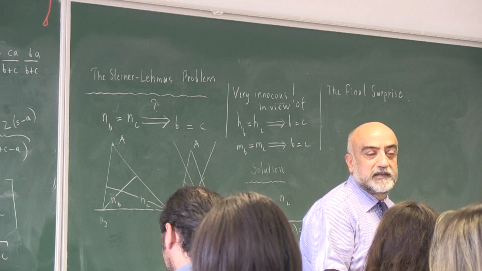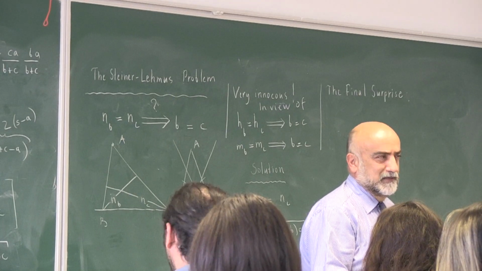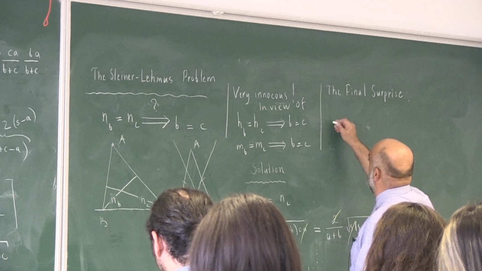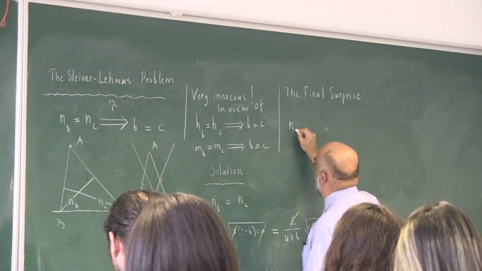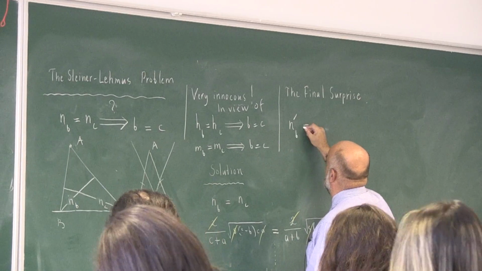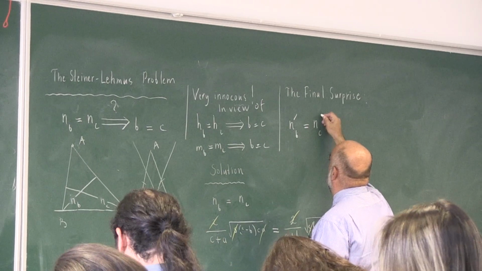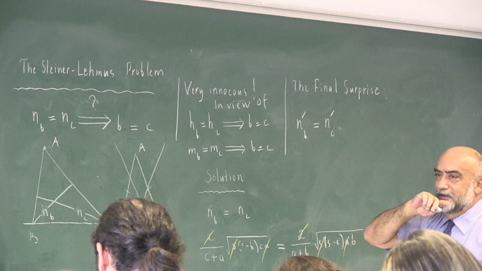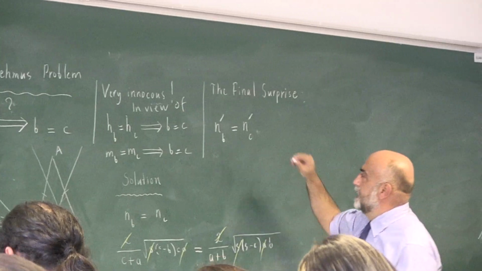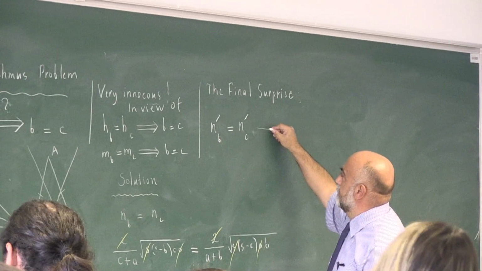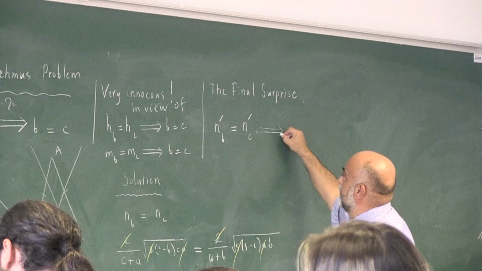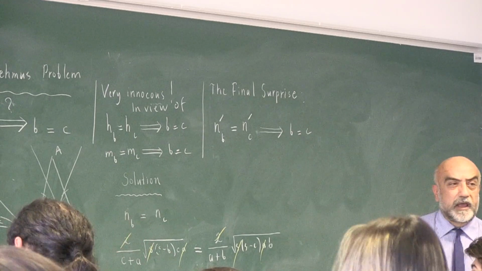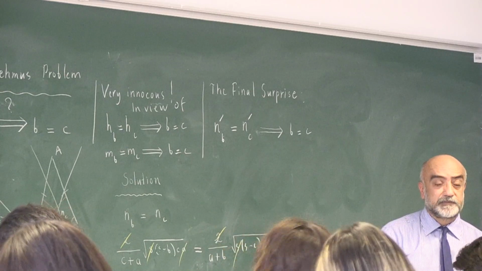So why not ask a similar question? Let us ask ourselves the following question. Is it true that if the external bisectors are equal, can I conclude from this that the triangle itself is isosceles?